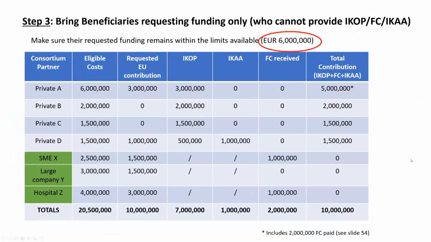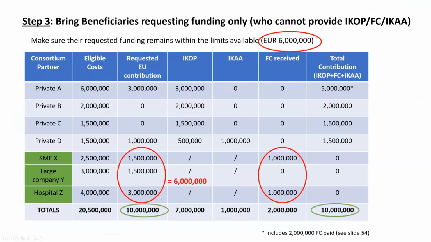You can see that those 3 companies are requesting 6 million, which does not exceed the EU funding left available. You can also see that they get their costs covered not only by EU contribution, but also by financial contribution. For instance, the large company Y here has 3 million total costs and 1.5 million covered by EU contribution, so there would also be 1.5 million as own contribution.